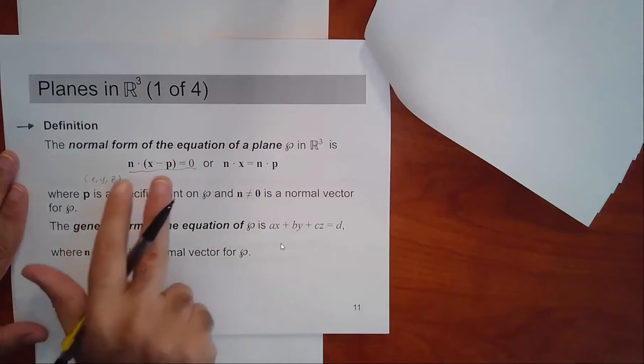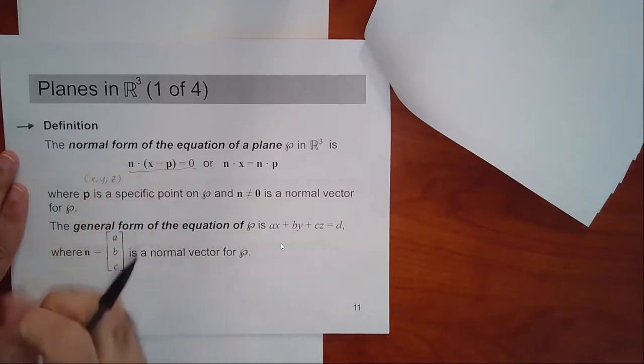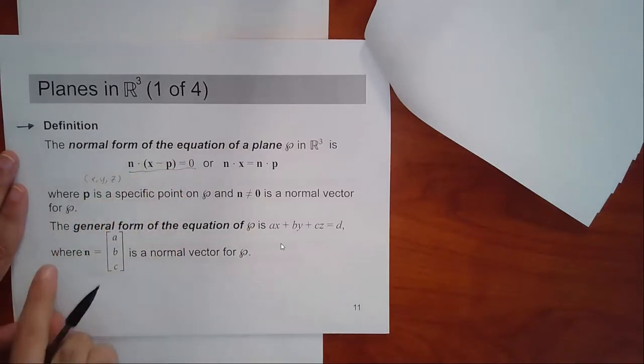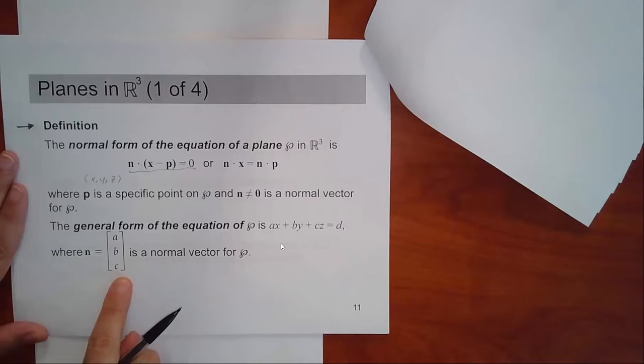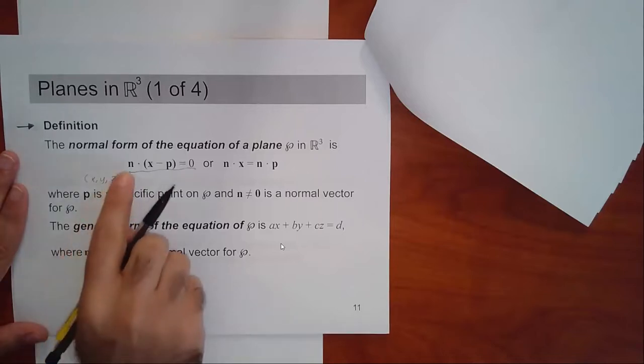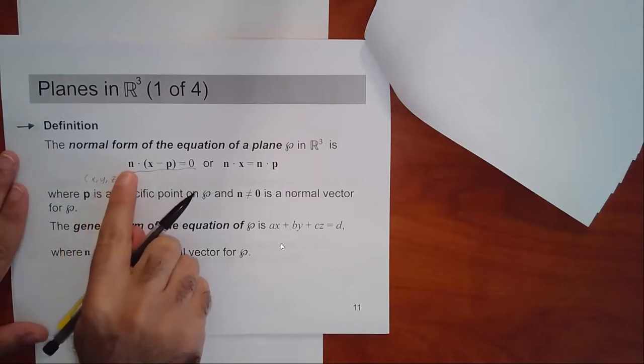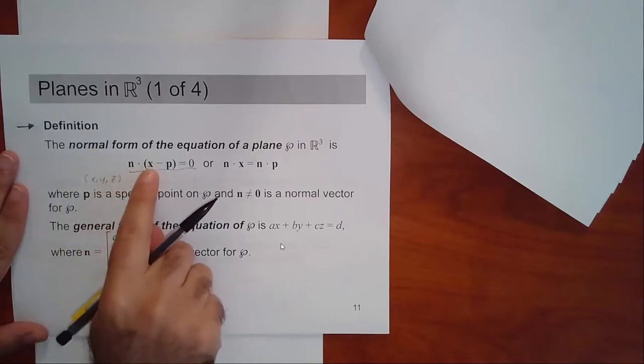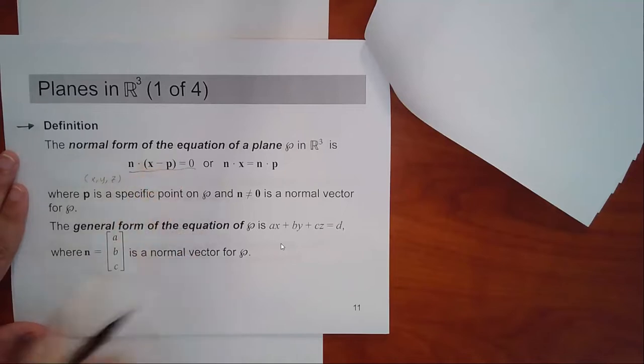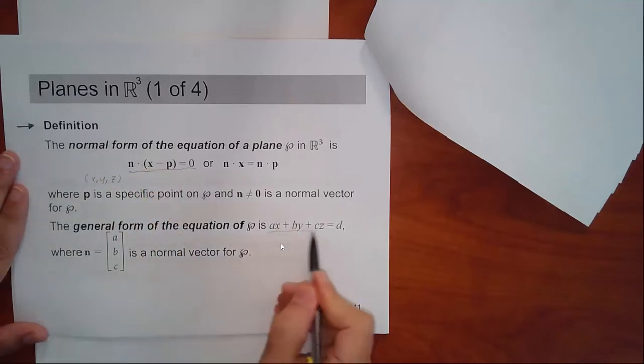The same thing: when you have this form, extend it and simplify it, you're going to get the general form. How are you going to simplify it? By doing the dot product between n and the difference between the vector and the point, to get exactly this form.